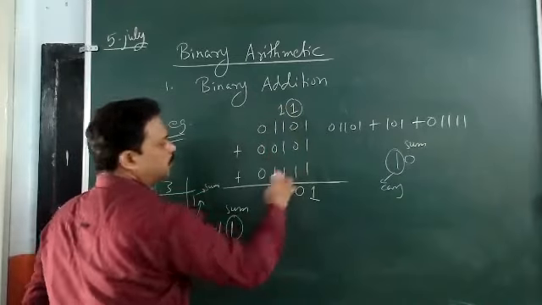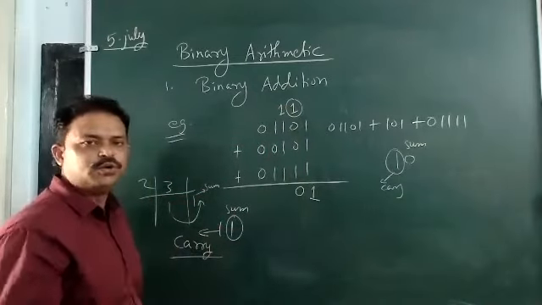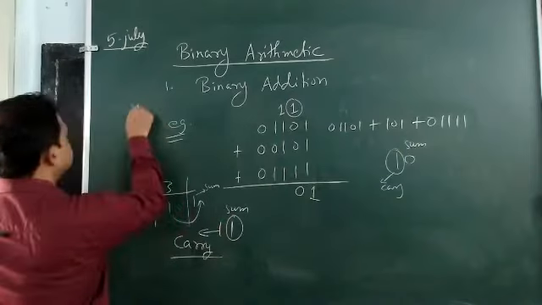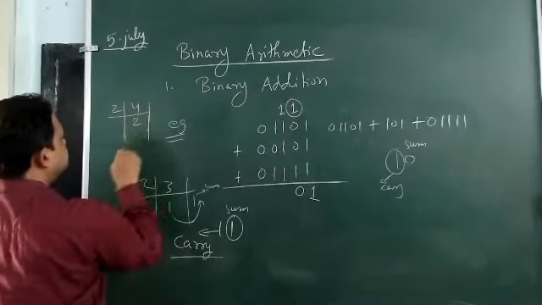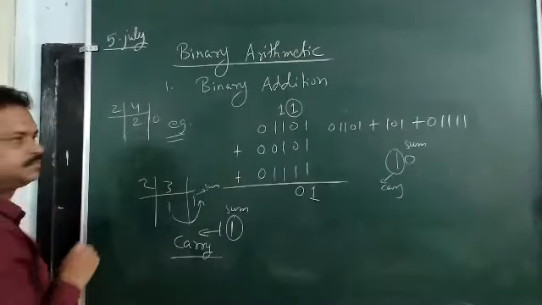1 2 3 4. Convert 4 into binary. 2 into 4, remainder 0.